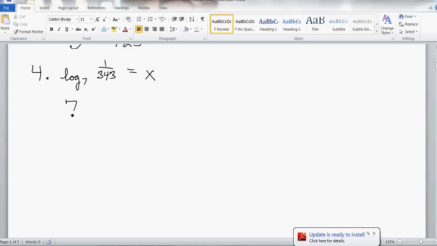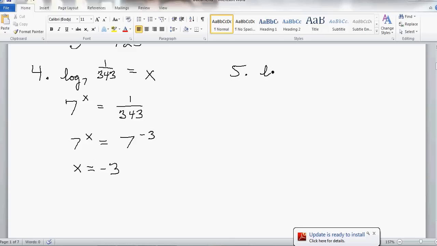So this would be base 7 raised to the x power equals 1/343. Now, basically we need to get the same bases. So 7 to the x equals 7 to the negative what? Well, I know it's negative because it's down here in the denominator, and I think if I would take 7 and cube it, that does give me 343. So now that the exponents are the same, that means x equals -3 is my final answer.